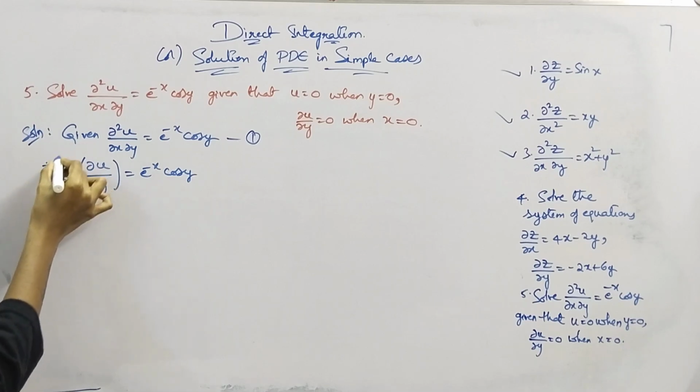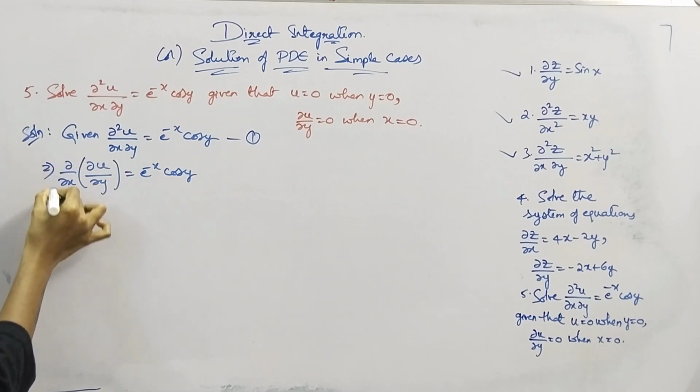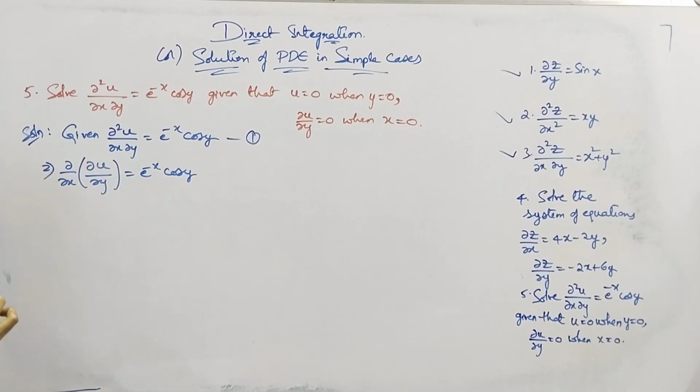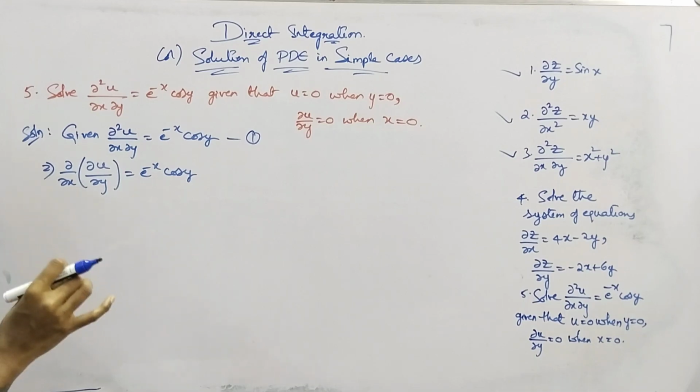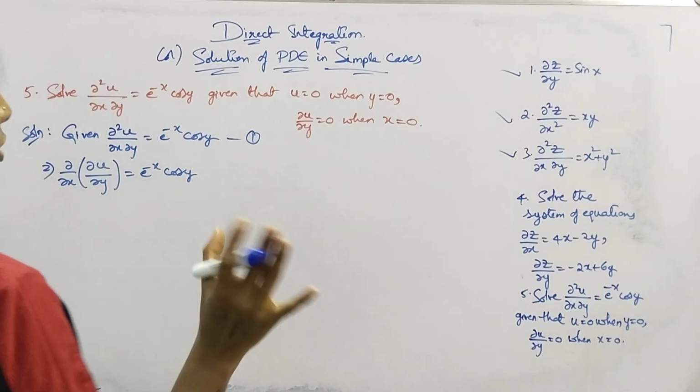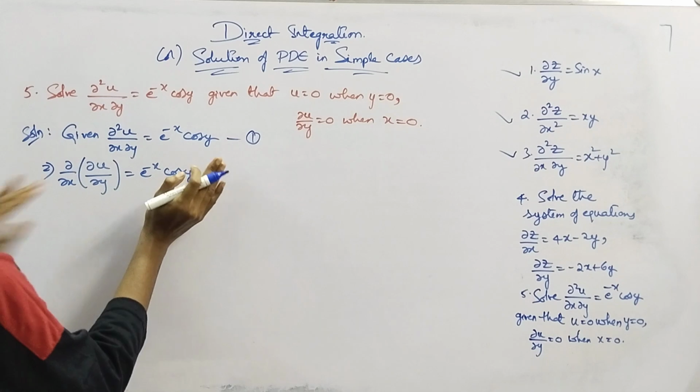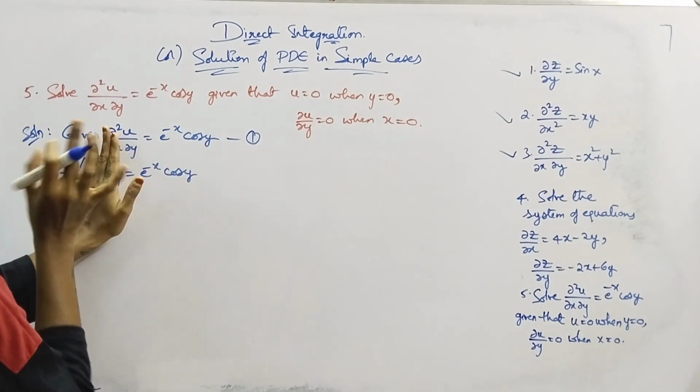Here the first thing you notice is we are having dou by dou x, so we can partially integrate it with respect to x, and you'll get a constant of integration in terms of y, because y is treated as constant here, right? Because we are integrating with respect to x.